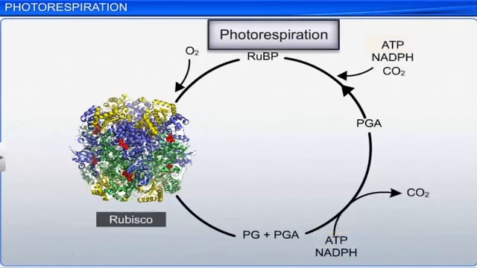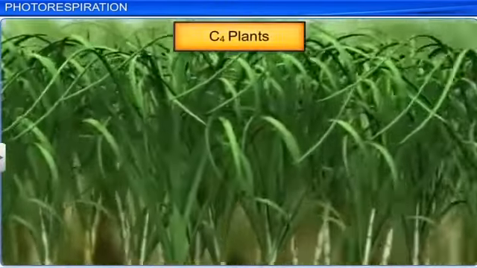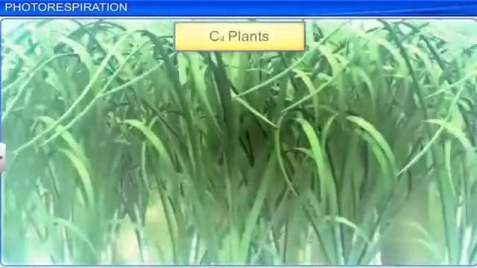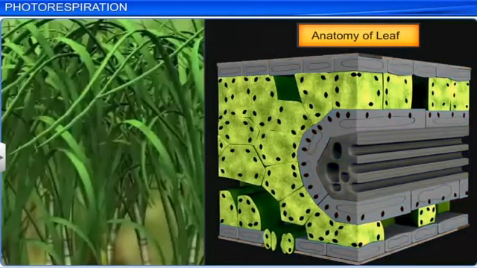Photorespiration is thus a wasteful process in C3 plants. However, in C4 plants, photorespiration does not occur due to the special leaf anatomy found in these plants. Moreover, rubisco is absent in the mesophyll cells of C4 plants.